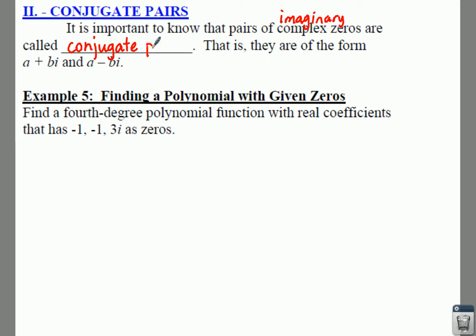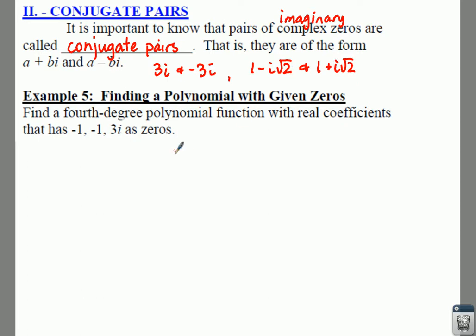And what that means, for example, is if you have a 3i, then you must also have a negative 3i. If you have a 1 minus i radical 2, then you must also have a 1 plus i radical 2. So you always have to have a positive and a negative.